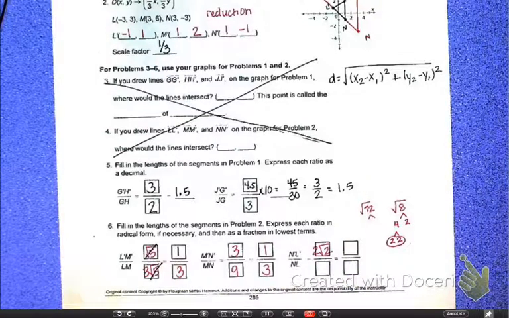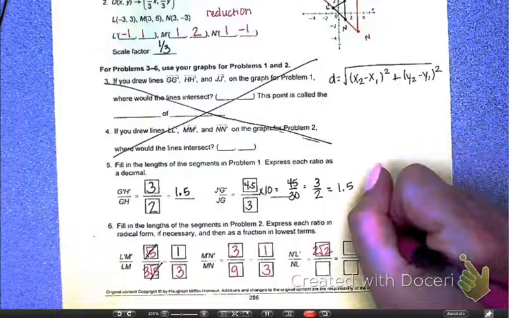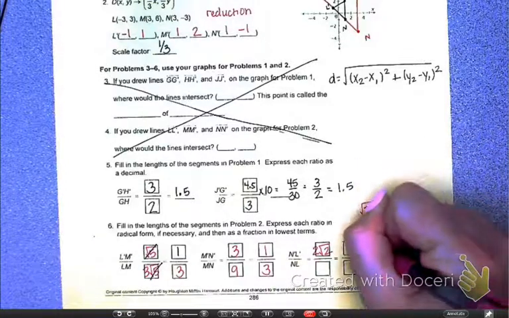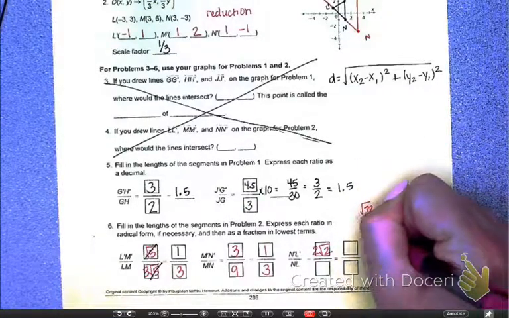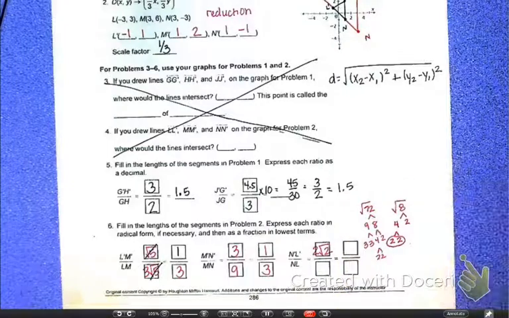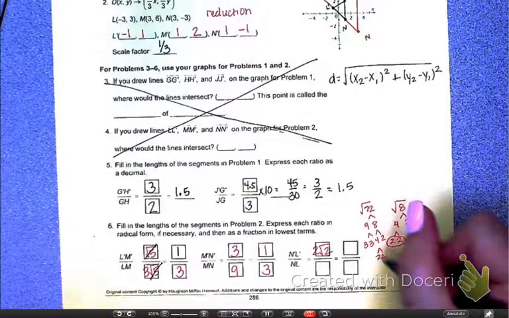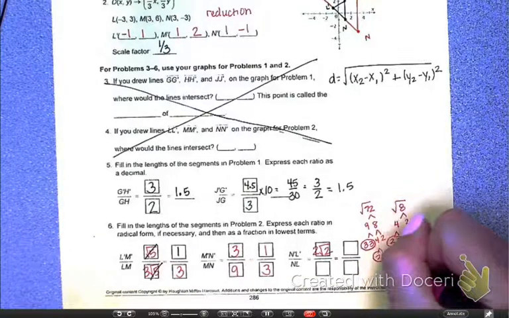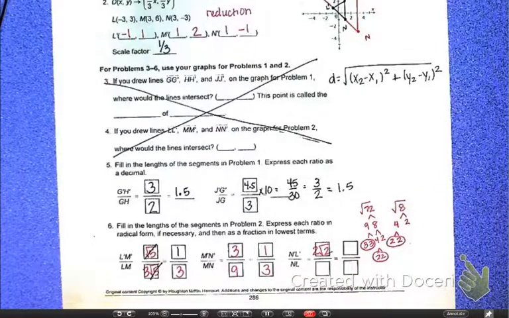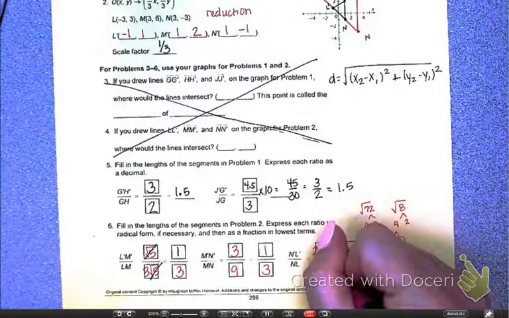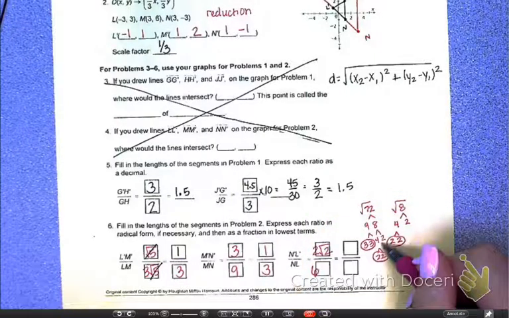No. What multiplies to 72? 9 and 8, 3 and 3, 4 and 2, 2 and 2. Simplest radical form. We talked about this in the last unit. Remember, you have pairs of 3s and pairs of 2s. Those pairs come out. 3 times 2 is 6. And what's left over? 2.